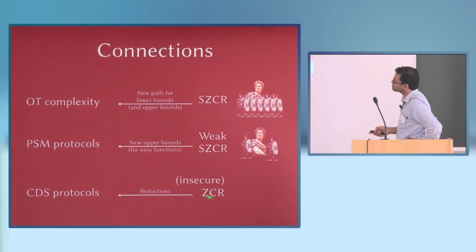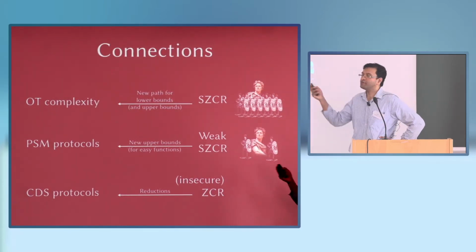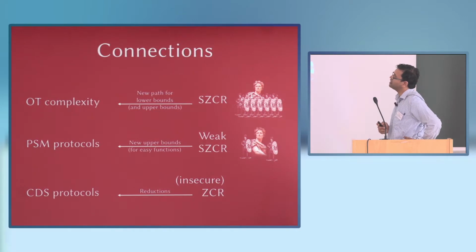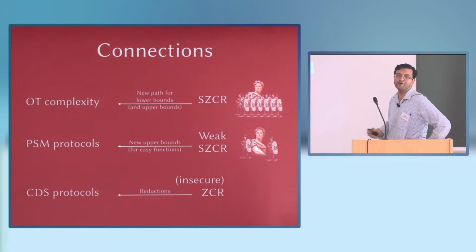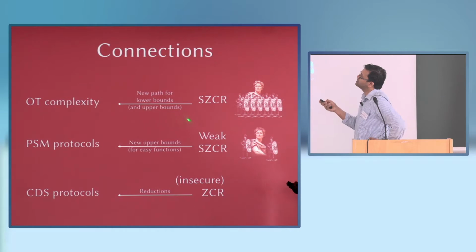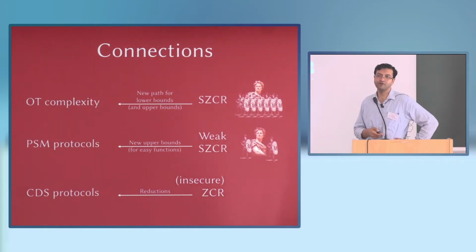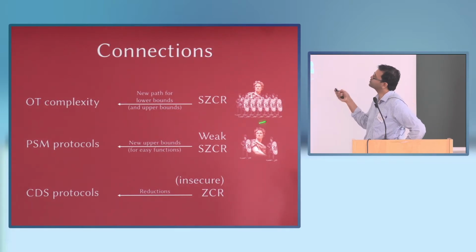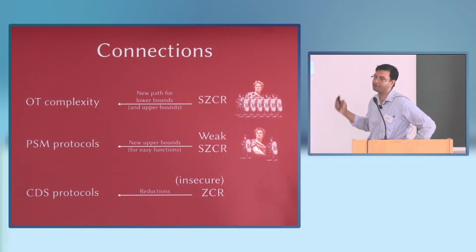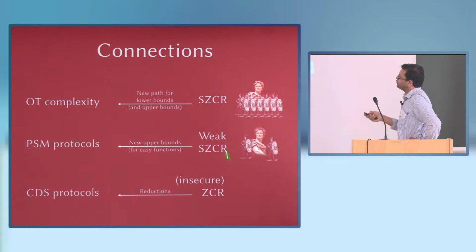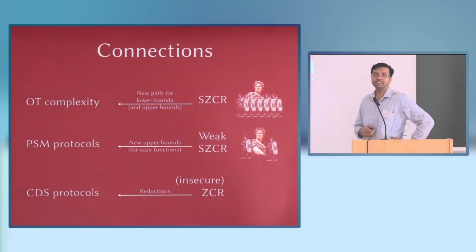So the full-fledged ZCR, we claim it's a path. We really don't know if it will work out or not, right? But it seems like a new way you could try to show OT complexity lower bounds. Of course, that would require you to show some lower bounds here, and we have no clue how to do that. Weak ZCR, we connect to private simultaneous message protocol.